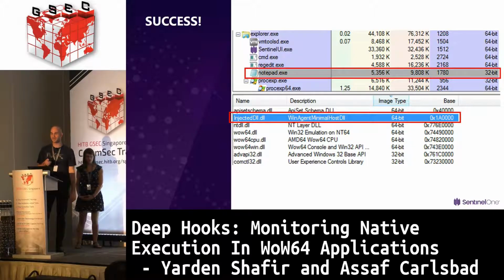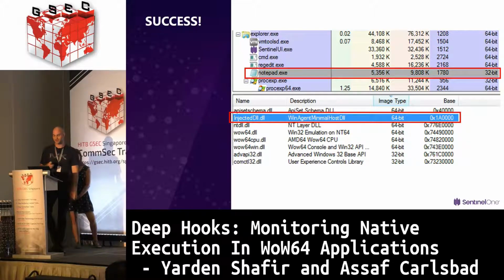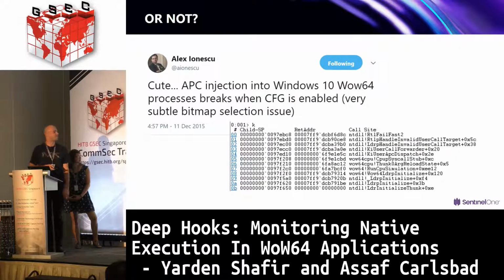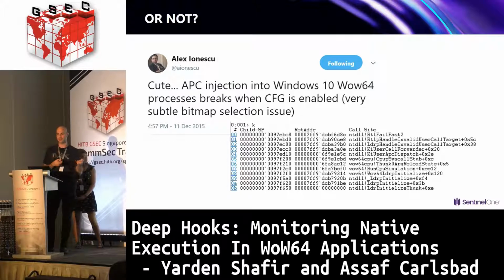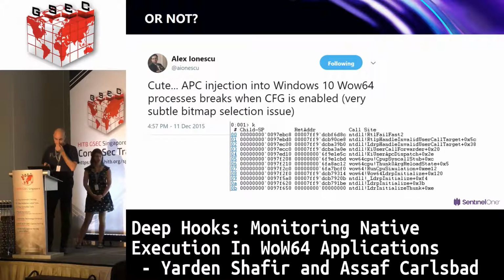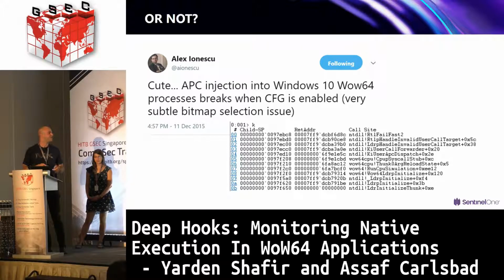But after some time, one of us said it would be a good idea to test the same solution on a more recent Windows version, for example, Windows 10. And then we got a very different result. Specifically, most of the processes to which we tried to inject our DLL simply crashed. So after a little bit of debugging or probing on Twitter, we bumped into this tweet from Alex Ionescu.